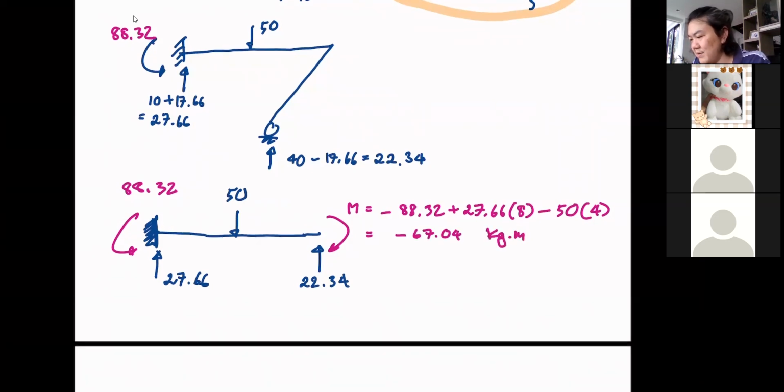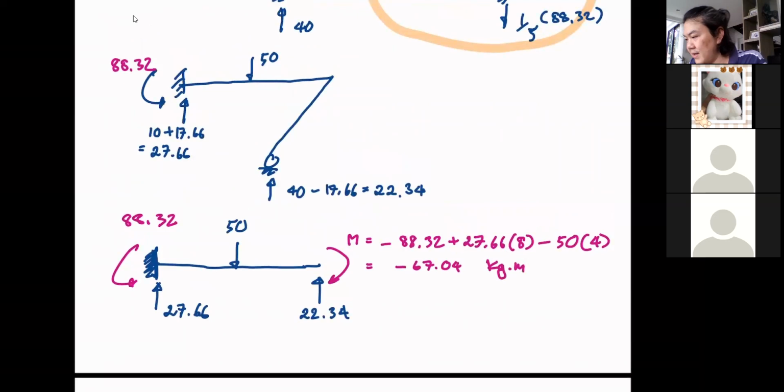And the second one, let me try it here so that you can see it all together. Now we need this load, the one perpendicular to this. So again, if this is our angle, this should be our angle. So this load is 22.34 multiplied by cosine theta, which is 3/5.